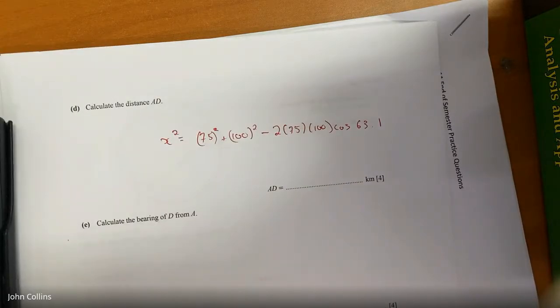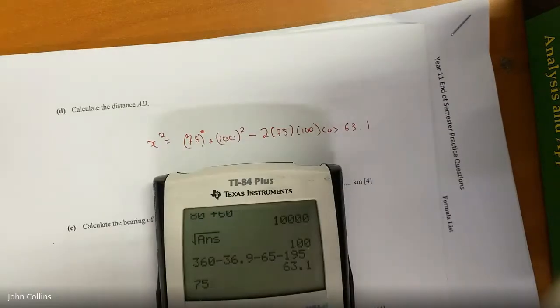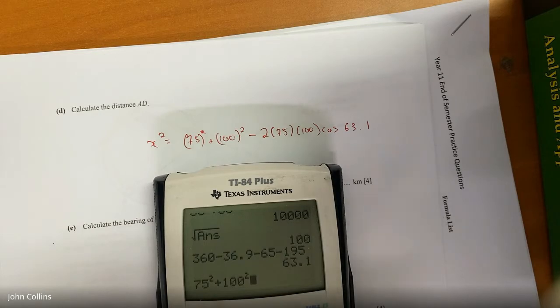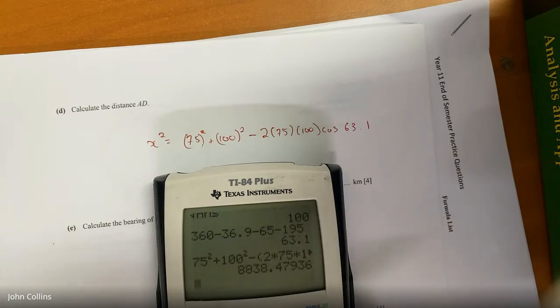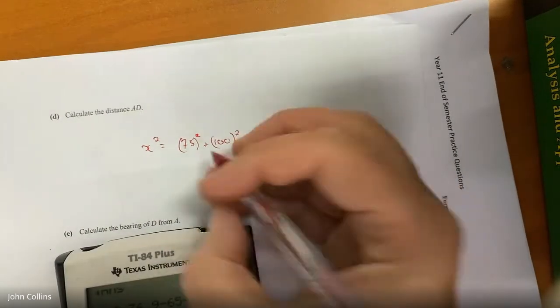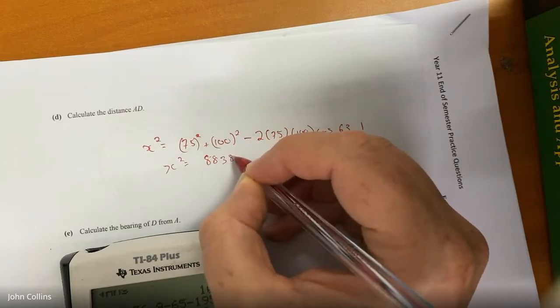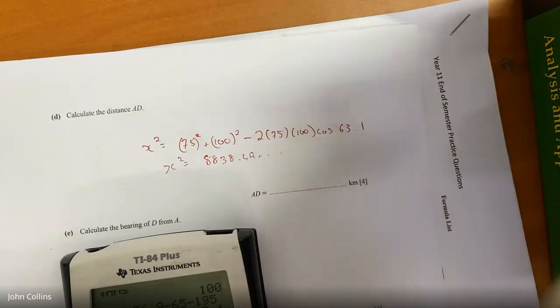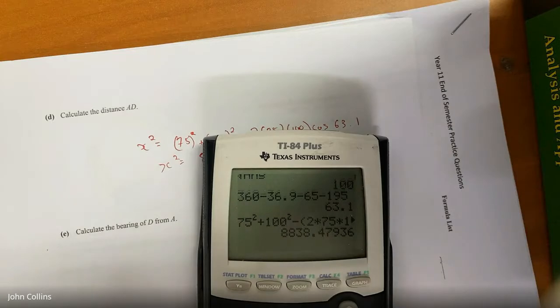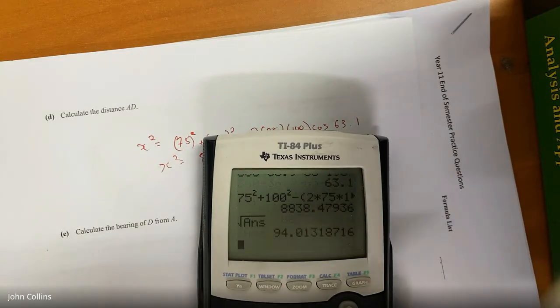Do that in the calculator. So we get 8,008.49. Square root that. 94.